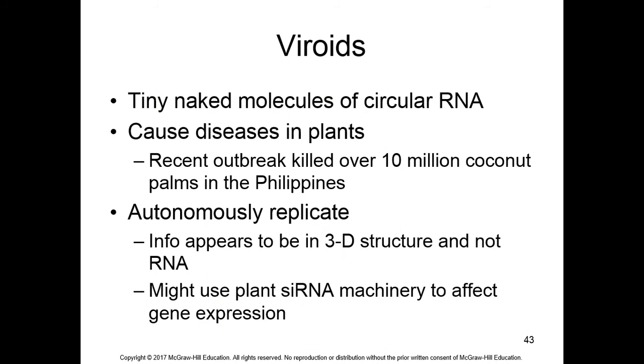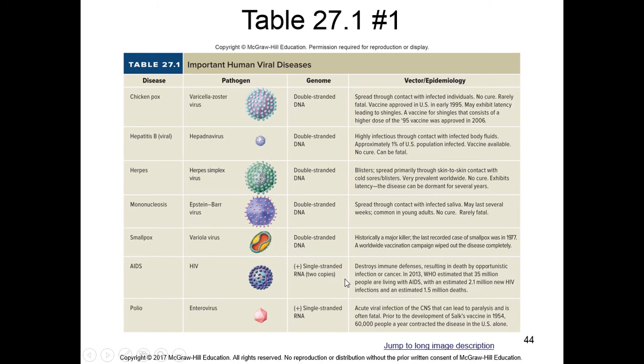For example, a recent outbreak killed over 10 million coconut palms in the Philippines. It replicates autonomously, and the information appears to be in 3D structures and not the RNA. So it might use the plant siRNA machinery to affect gene expression.